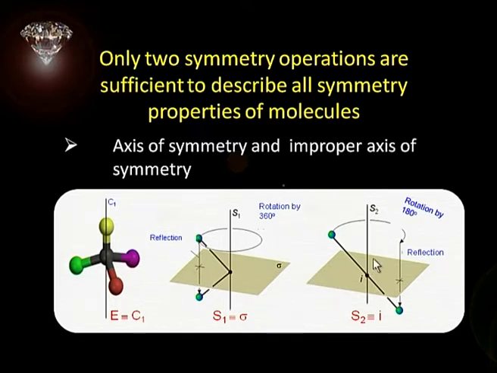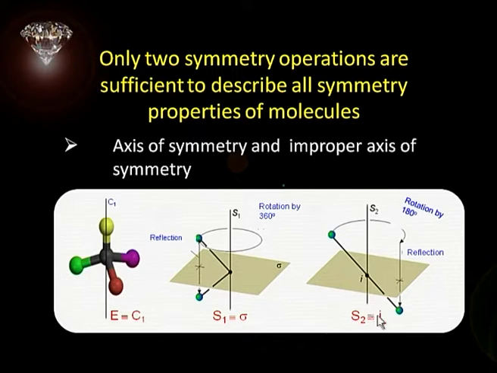Similarly, we can also show that inversion i is nothing but S2. That means if I take this atom in the molecule, rotate it by 180 degrees and thereafter reflect it in the plane perpendicular to the axis, I come across the symmetry element inversion. If I start from here, pass to this point and come over here, this is my center of inversion.